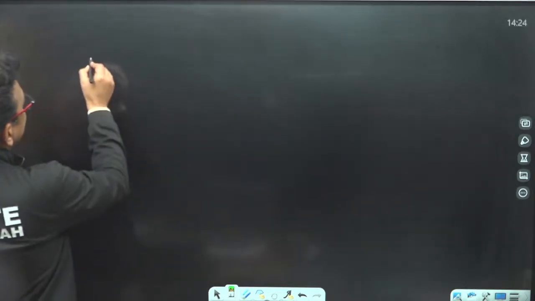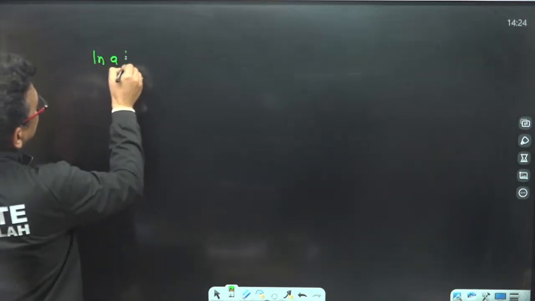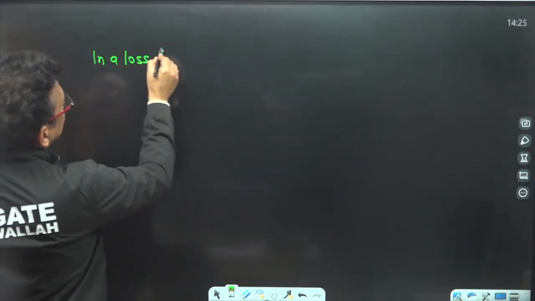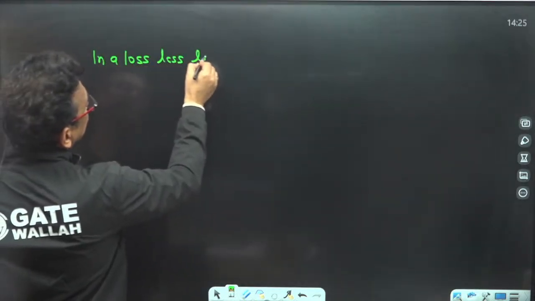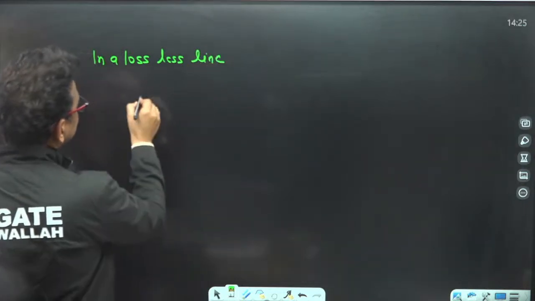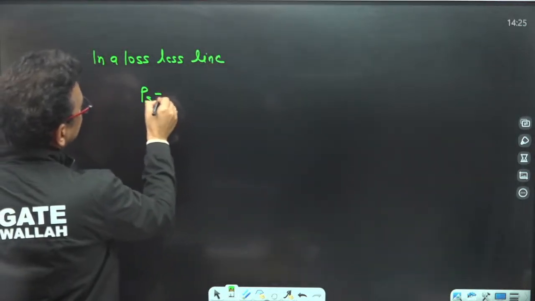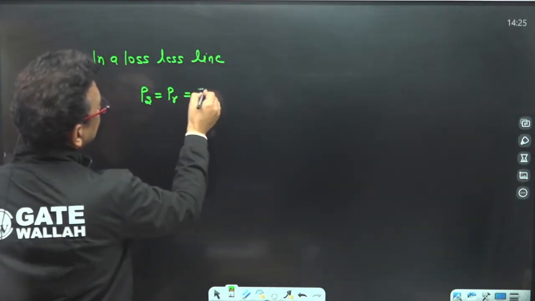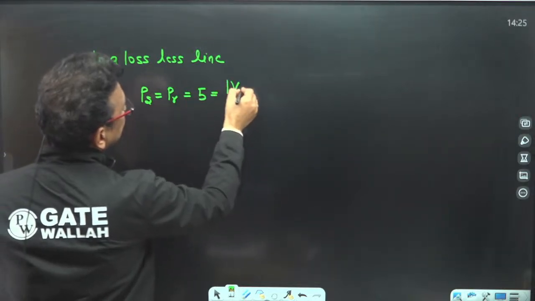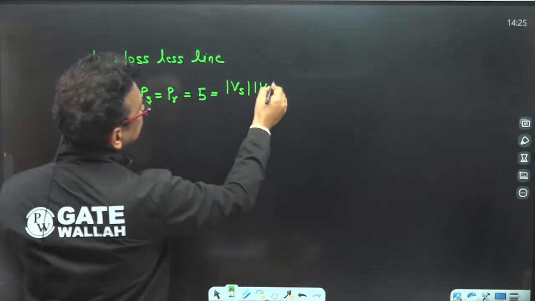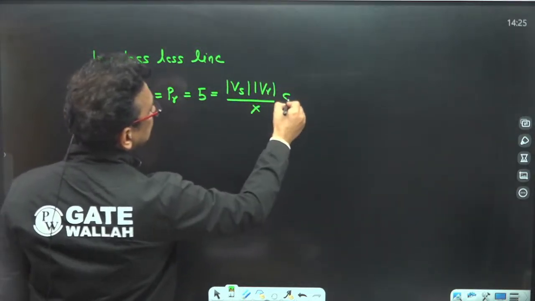In a lossless line, because the line does not have any resistance, the sending end power or receiving end power, this is 5. It is nothing but the sending end voltage times the receiving end voltage divided by X, into sine delta.